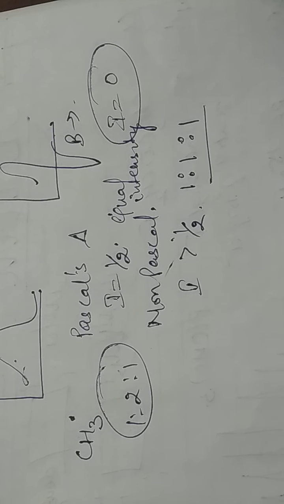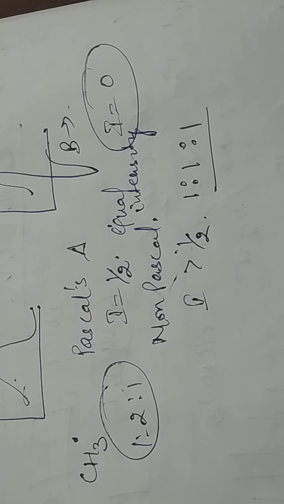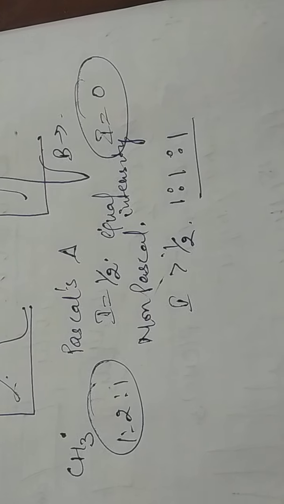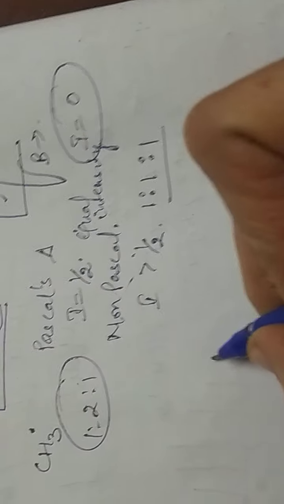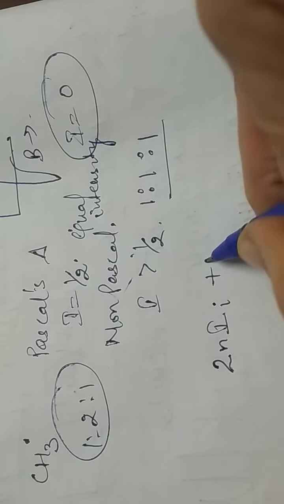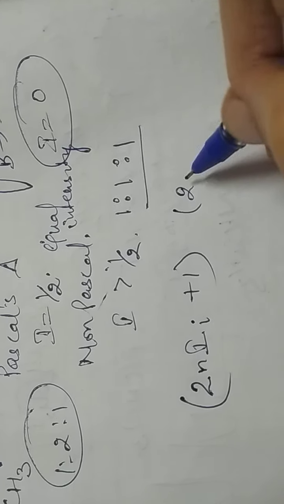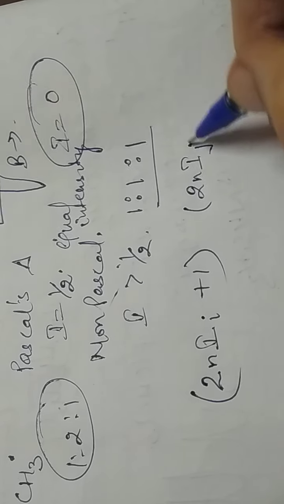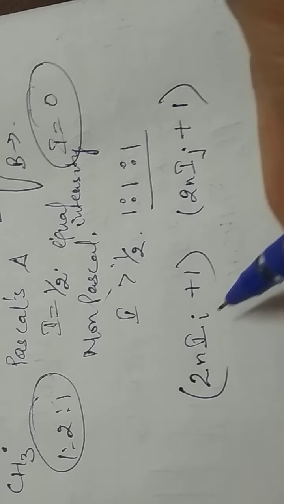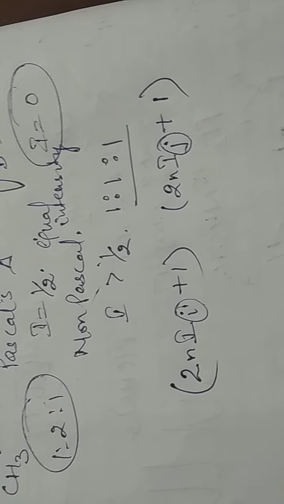Now, what do we mean by hyperfine splitting, and how do you predict the number of peaks? Suppose there is a radical, you are expected to predict how many peaks it is going to give. It is again dependent on the formula of I, that is 2NI plus 1 in case one atom is there. And if there are two magnetically active atoms in a particular molecule, then the formula comes out to be like this, where I and J are two magnetically active nuclei or atoms.